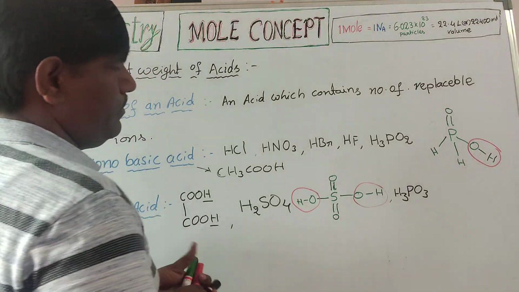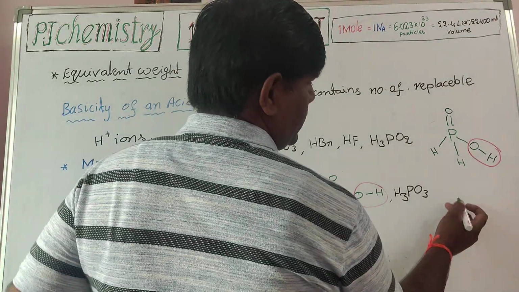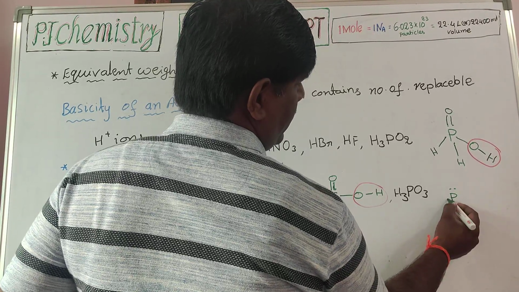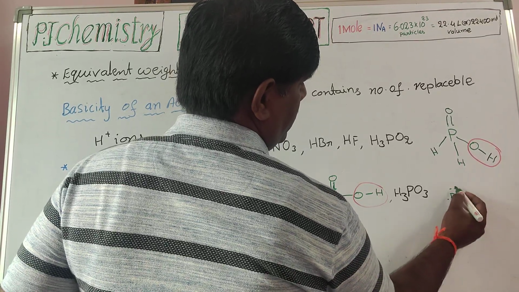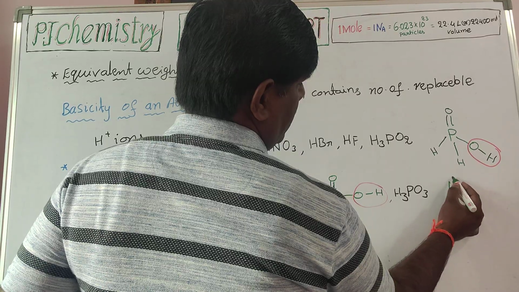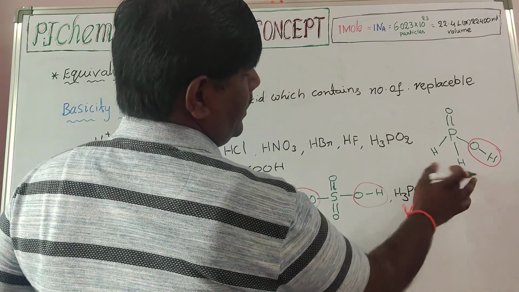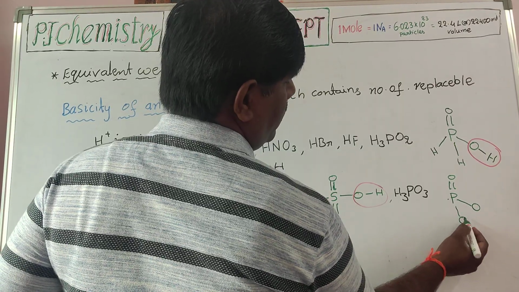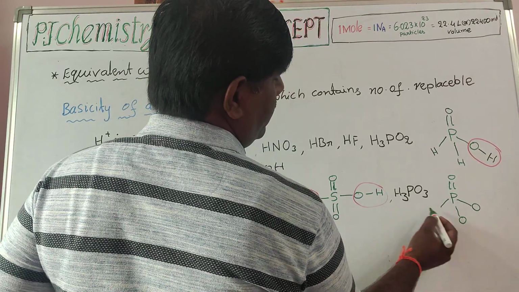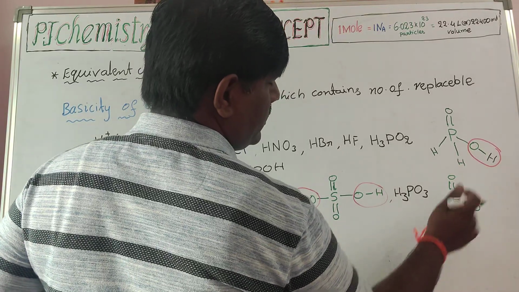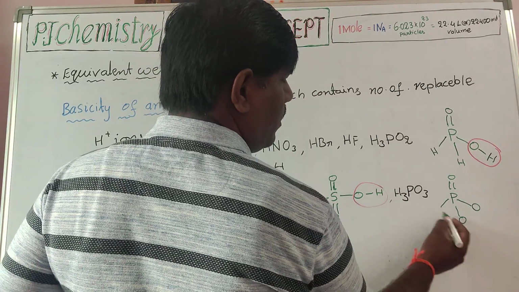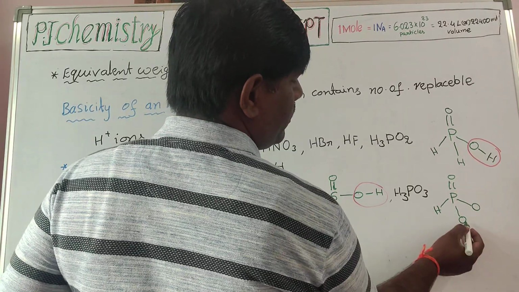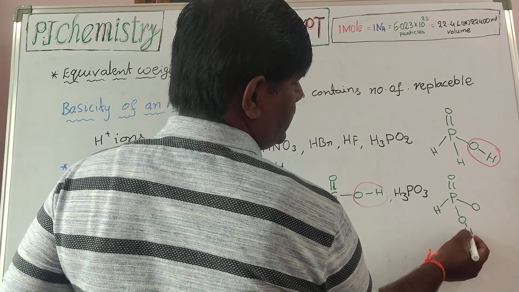Phosphorus has 5 valence electrons. In these 3 oxygens, one oxygen is double bonded, the remaining 2 oxygens have single bonds with hydrogens. Now 1 hydrogen is directly connected to the phosphorus, and the remaining 2 hydrogens are with oxygen.